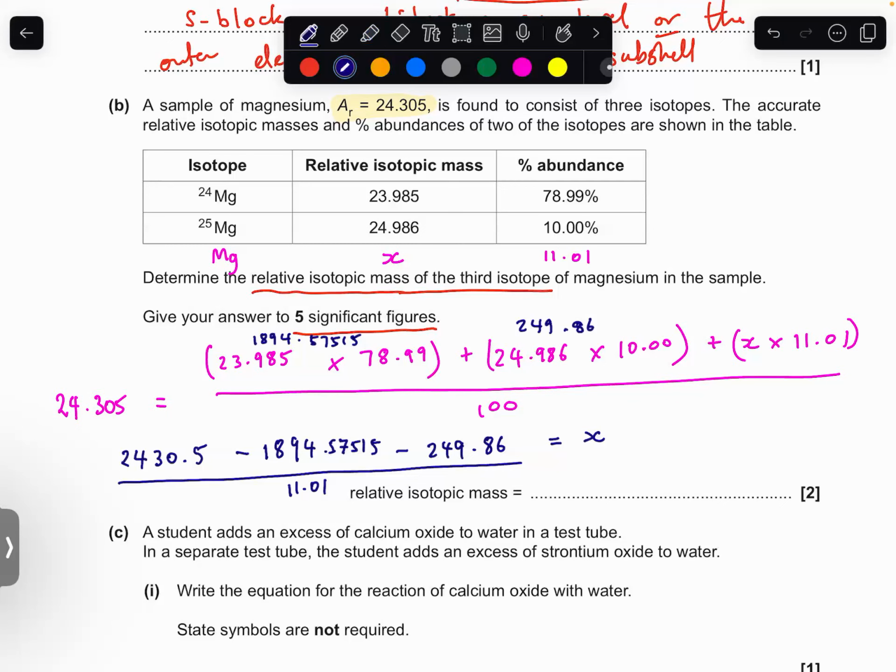All my calculations are correct, so why am I getting a different answer? 2430.5 minus 1894.575515 minus 249.86 gives you that. Divide that by 11.01.